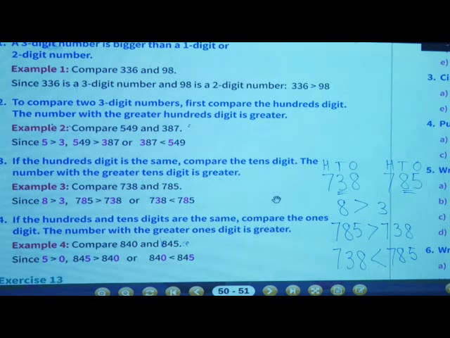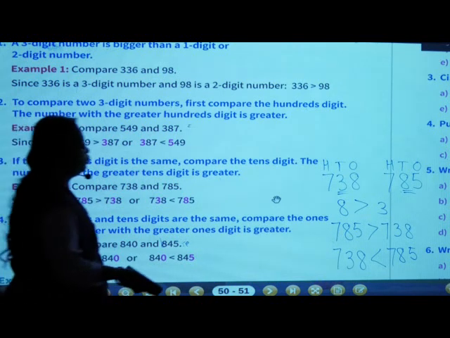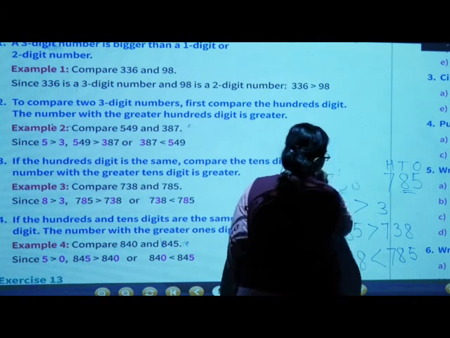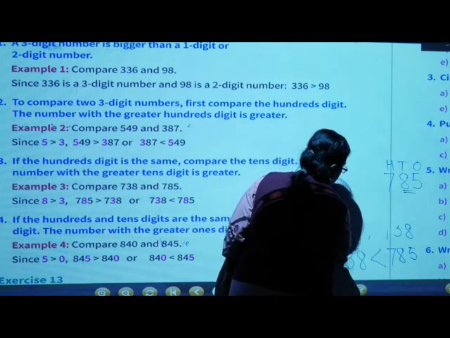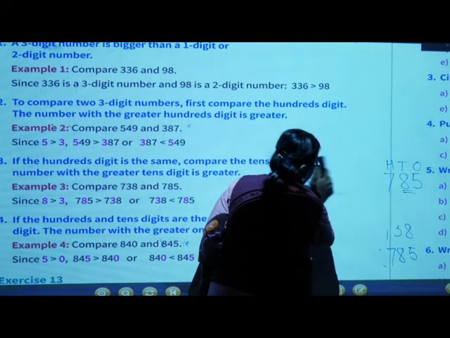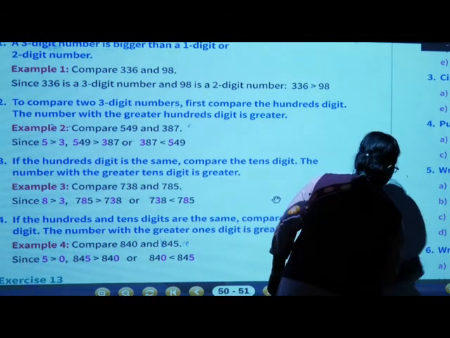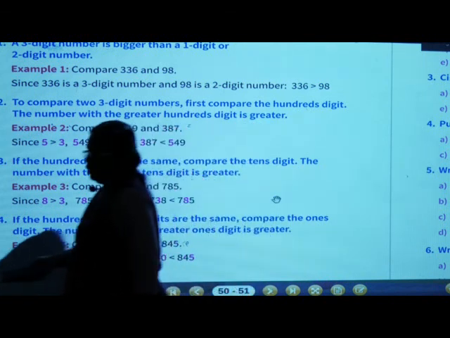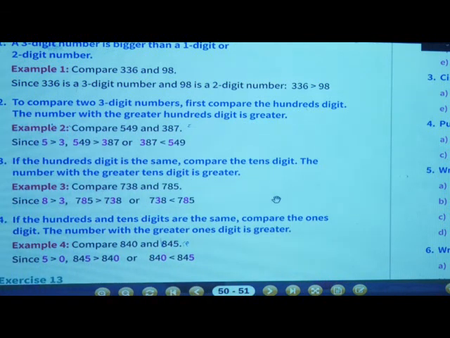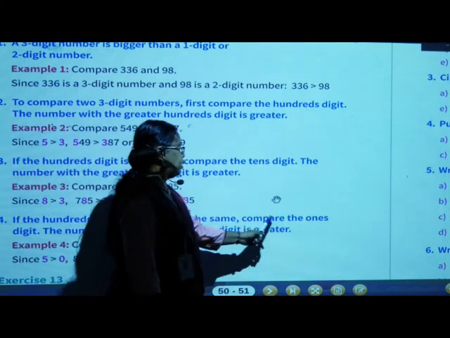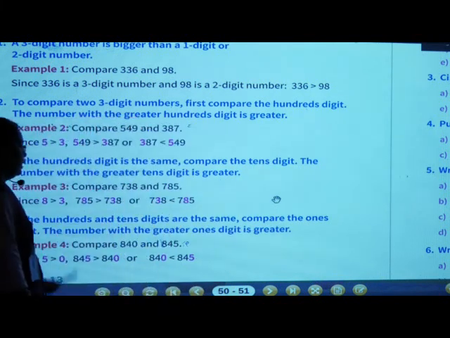Okay. Now see your next one, fourth one. If the hundreds and tens digits are the same, compare the ones digit.